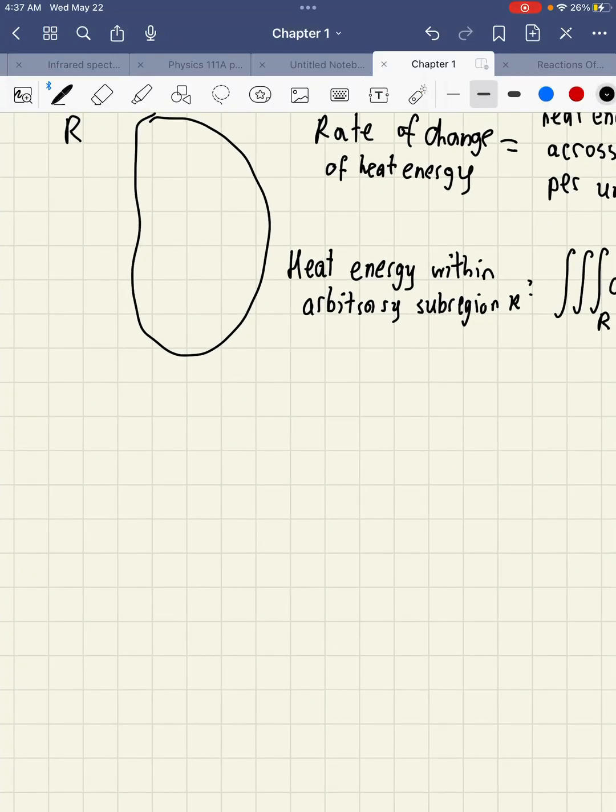Okay, so let's talk about the heat flux vector and normal vectors.